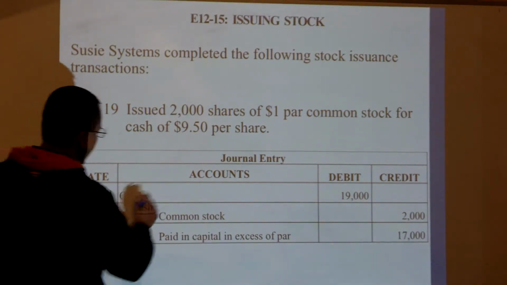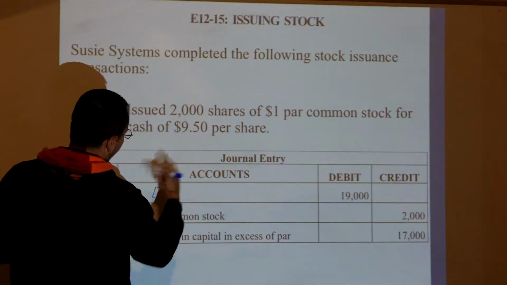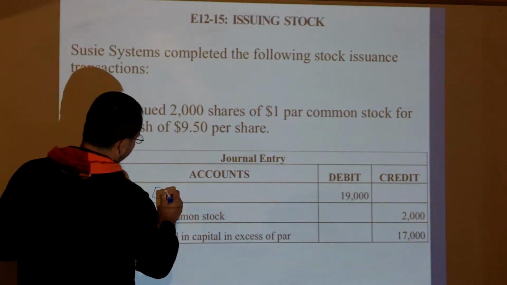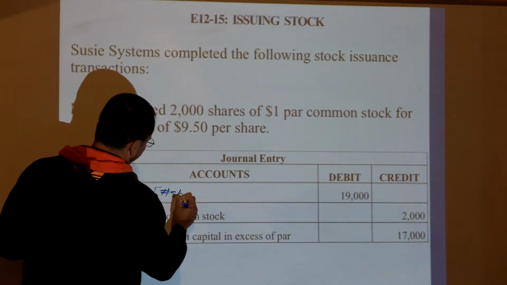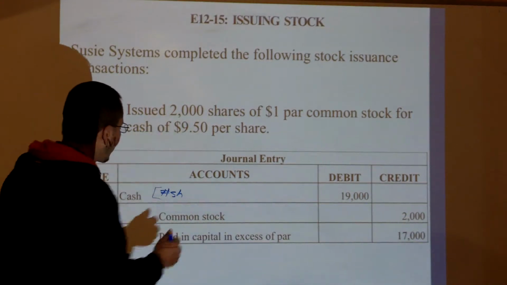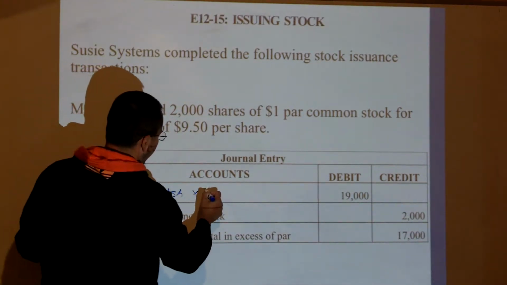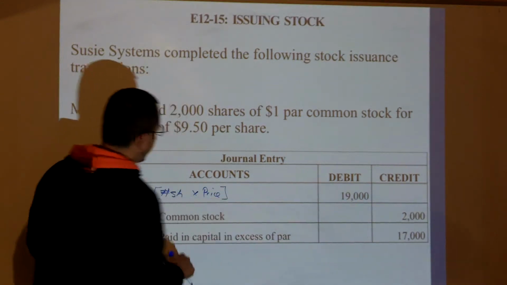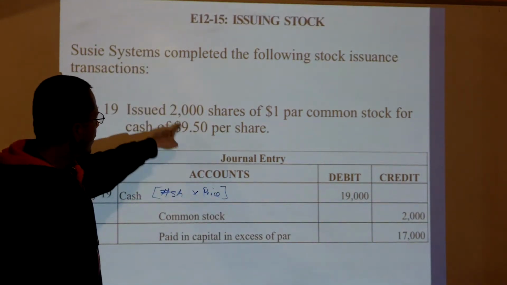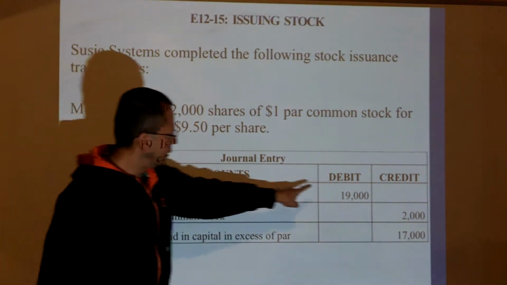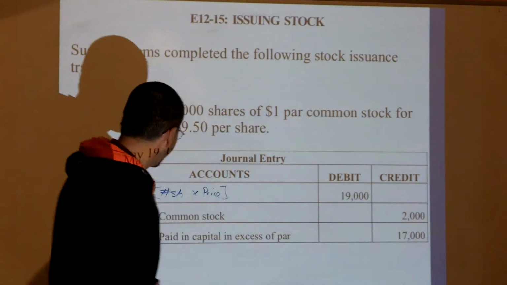I would say always multiply, for the proceeds from the stock issue, the number of shares, which in this case will be 2,000, times price per share. In this case, it will be $9.50. So 2,000 times $9.50 would give you exactly the $19,000 here.